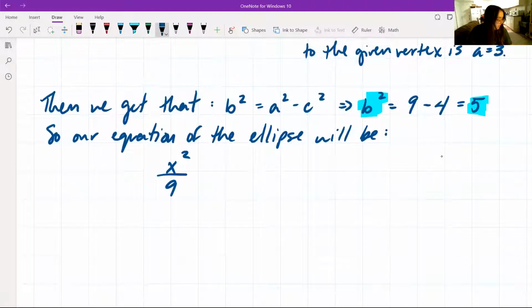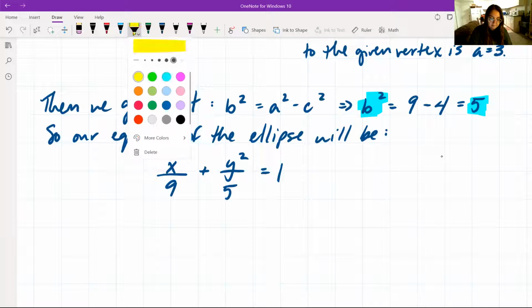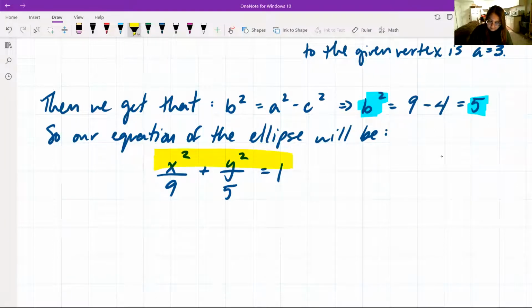So we get x squared over 9 plus y squared over 5, because remember it's over B squared. We know that B squared is 5, and it's always set equal to 1. And there's the equation of our ellipse.